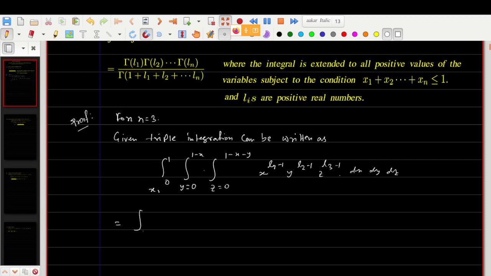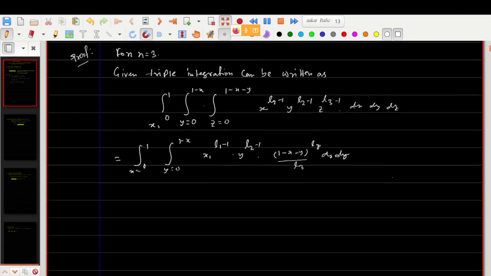This is equal to the integral with x from 0 to 1 and y from 0 to 1 minus x. We can write this as x to the power L1 minus 1, y to the power L2 minus 1, and if you integrate and put the values, then you will get 1 minus x minus y whole power L3 by L3, dx dy.